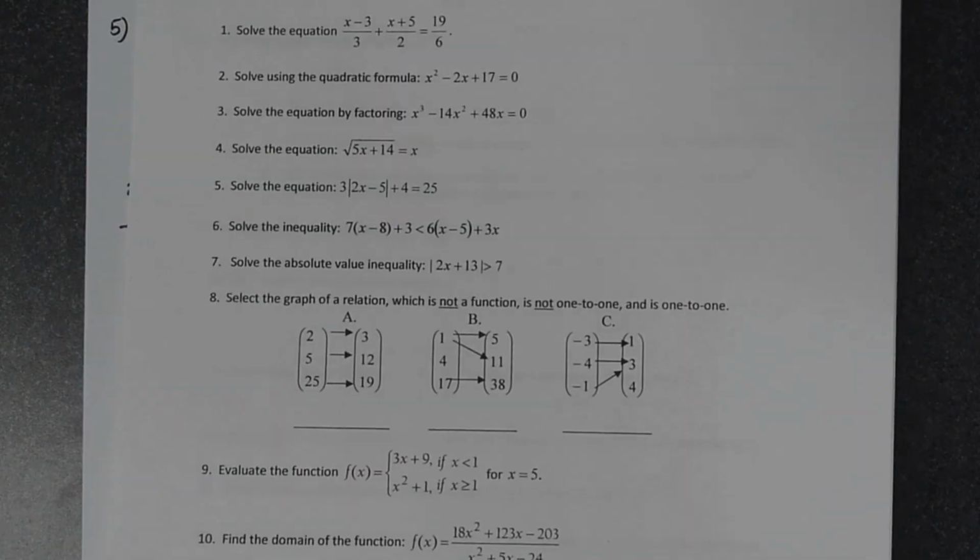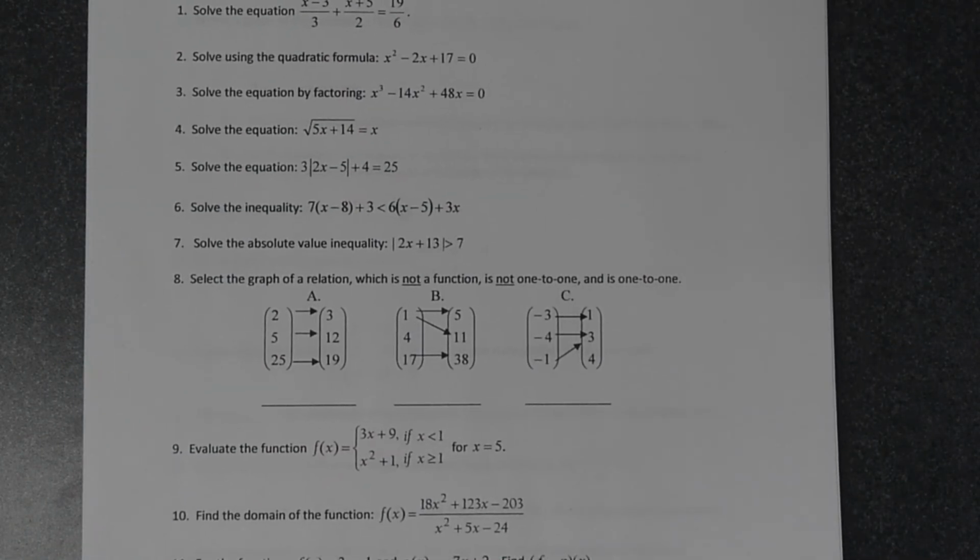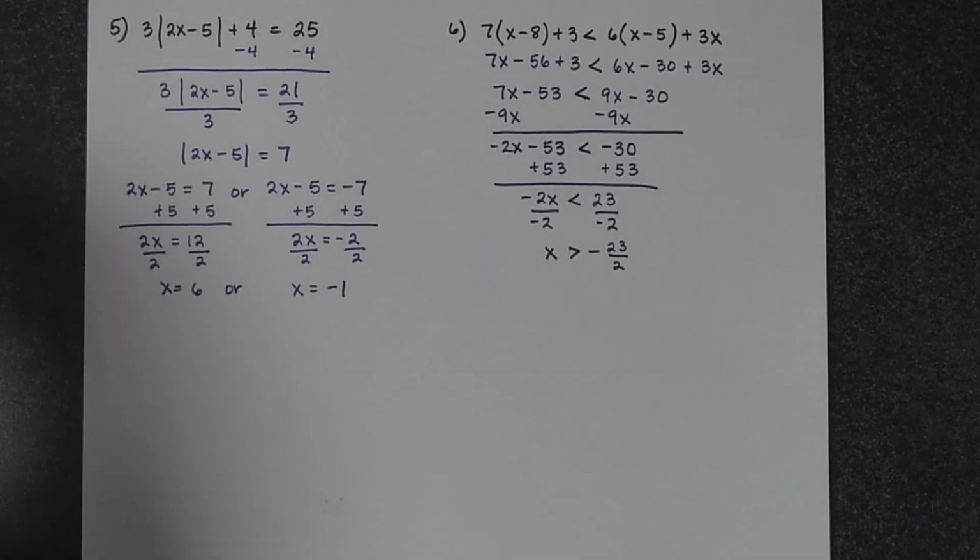Number 7 is an absolute value inequality. So you want to pay close attention to your inequality symbol and how to write an absolute value inequality. Here you got the absolute value of 2x plus 13 is greater than 7.